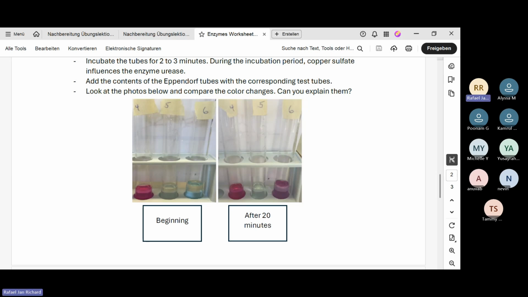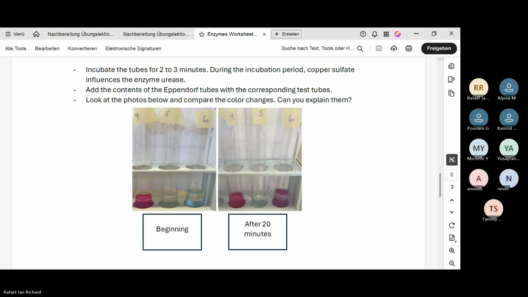You can write your answers in the chat, or you can also always unmute yourself if you want to share your answer with us.